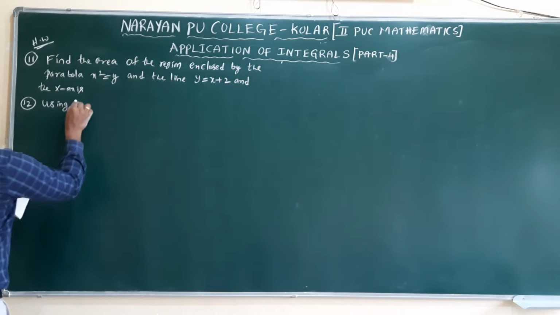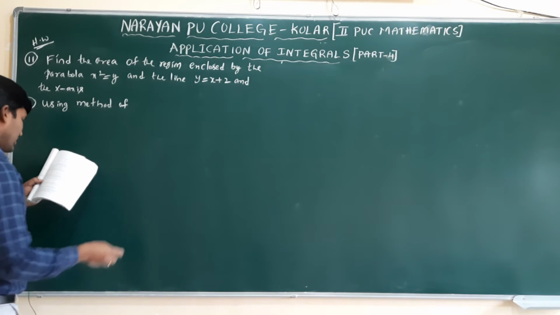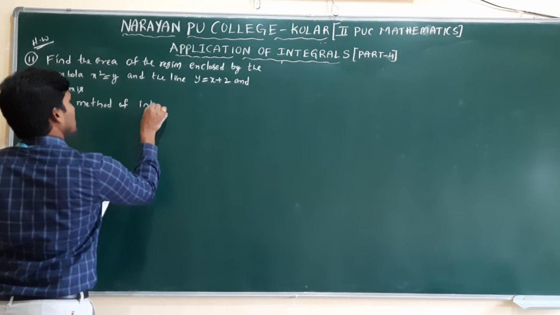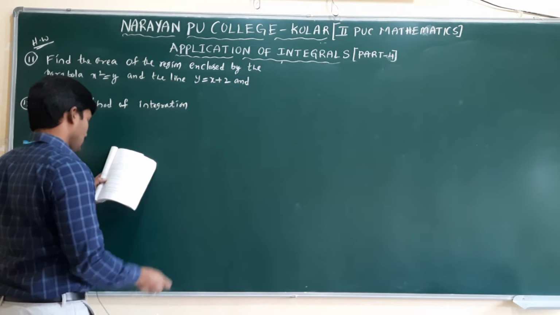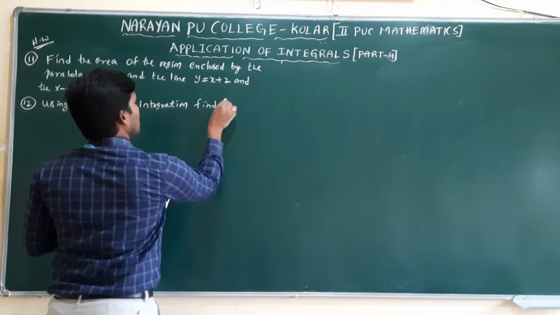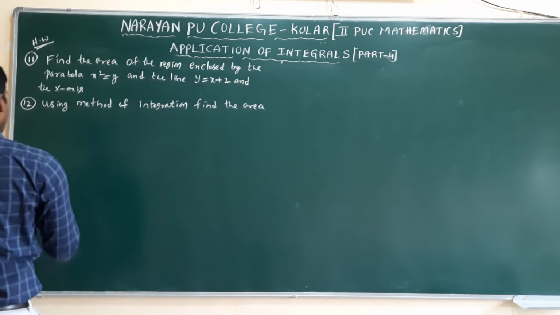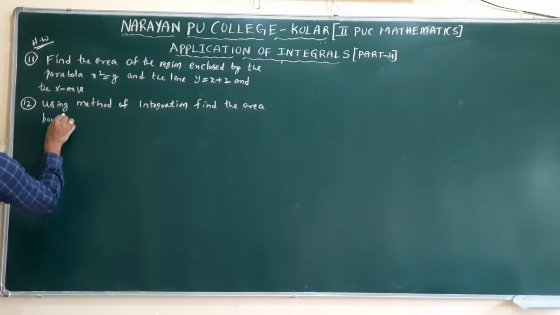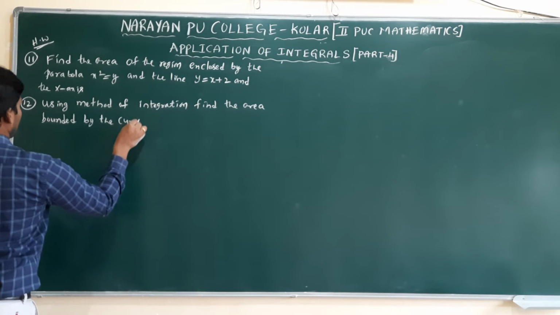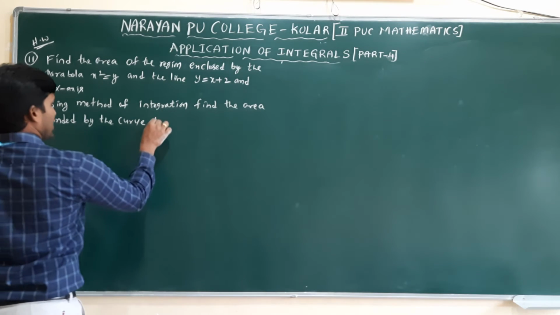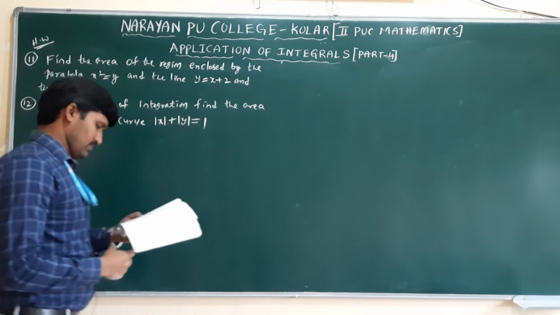Using the method of integration, find the area bounded by the curve mod x plus mod y equal to 1.